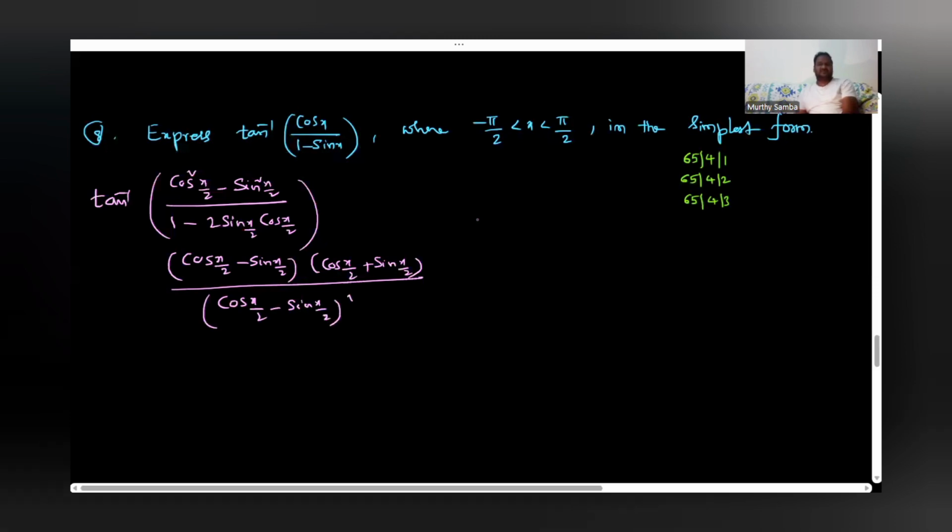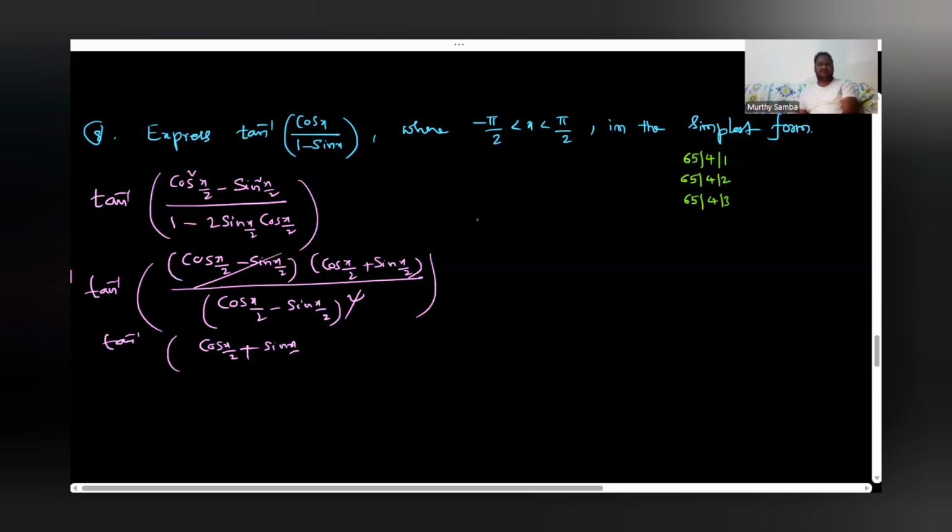Right? So then we can cancel 1 cos x by 2 minus sin x by 2 and one more cancel. And obviously tan inverse is already there. Right? So finally, what do you get? Tan inverse of, left with cos x by 2 plus sin x by 2 divided by cos x by 2 minus sin x by 2.